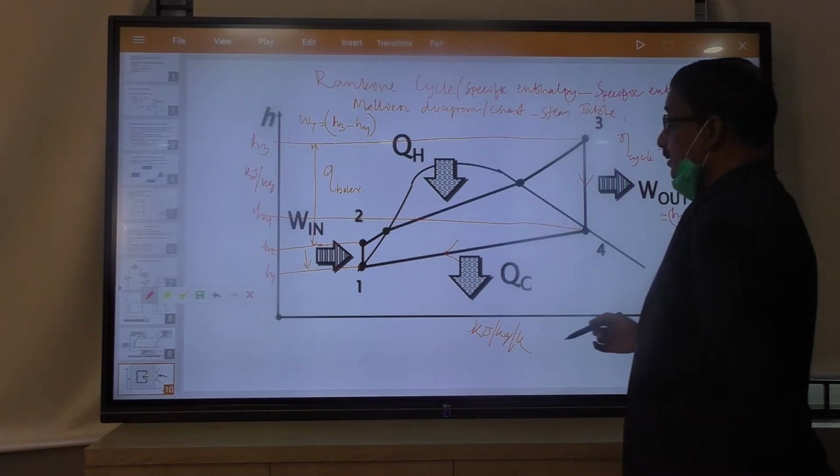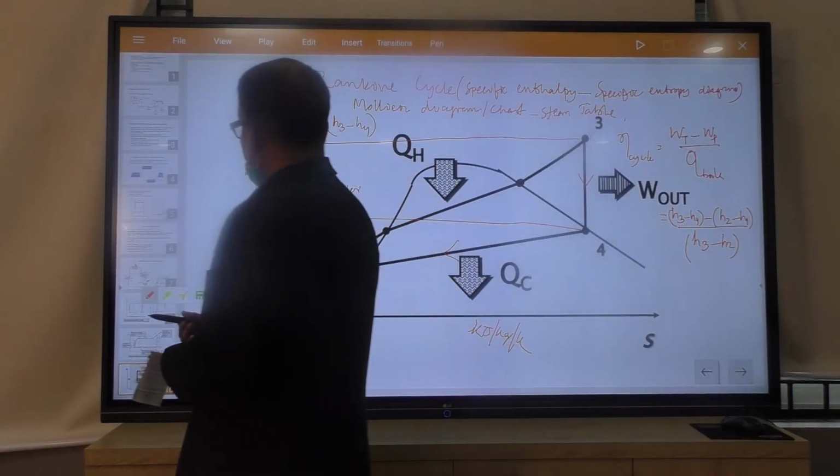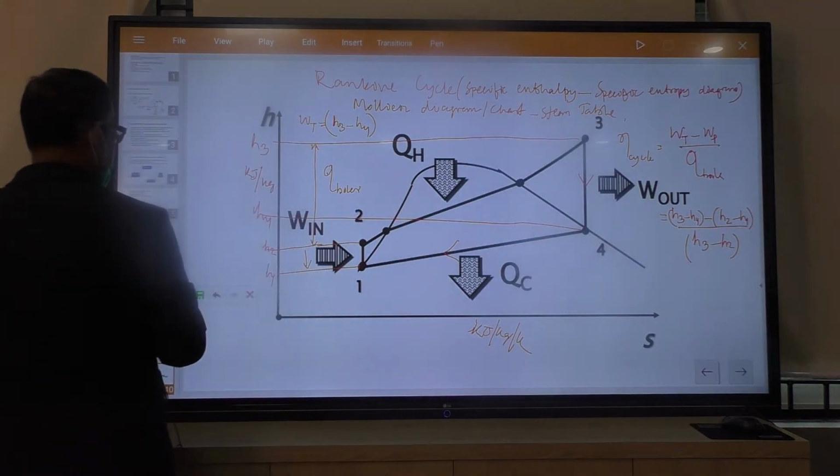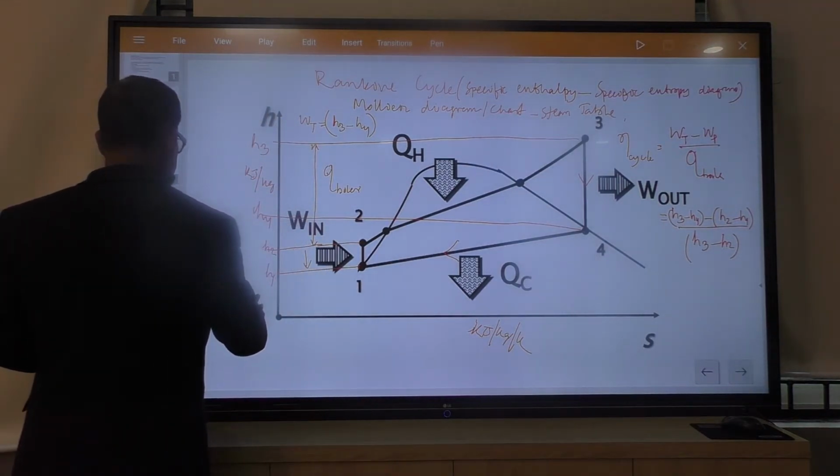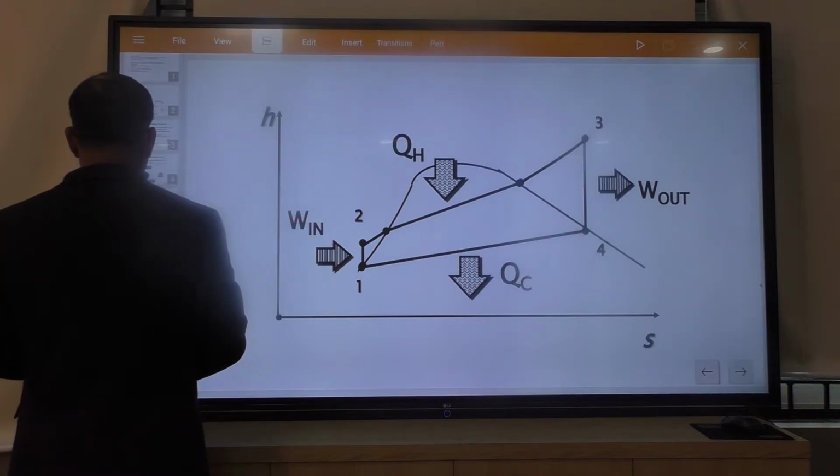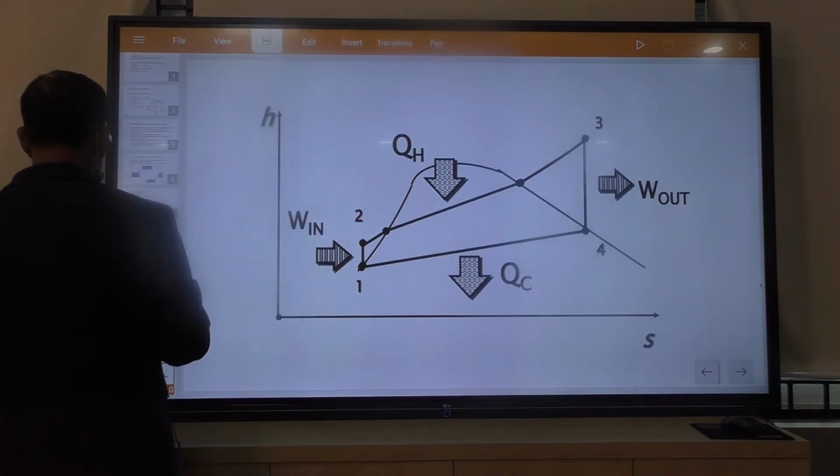Next we will derive how we get this formula. That derivation is given here.